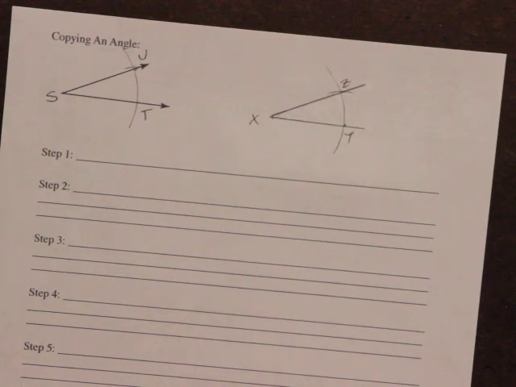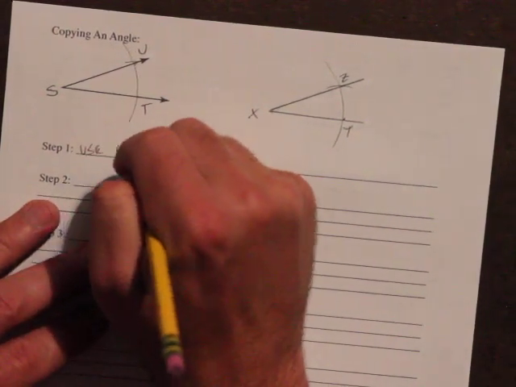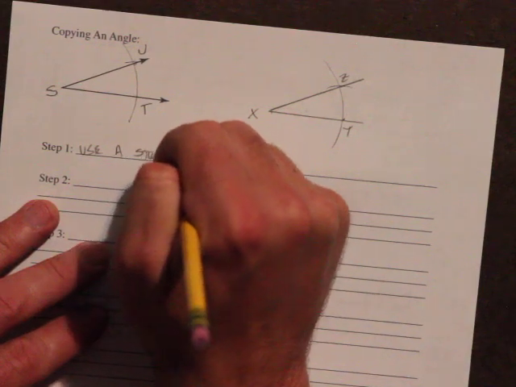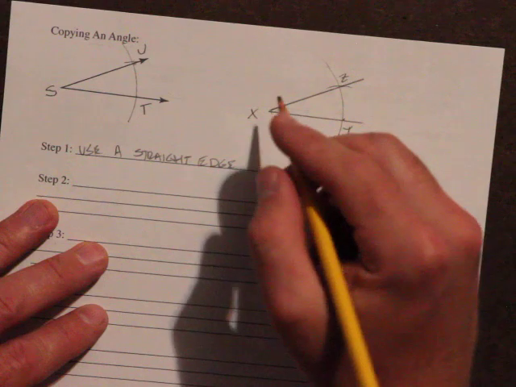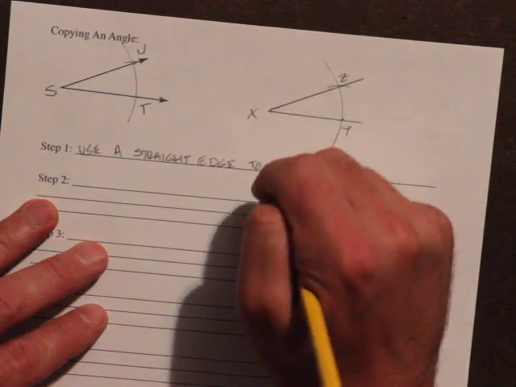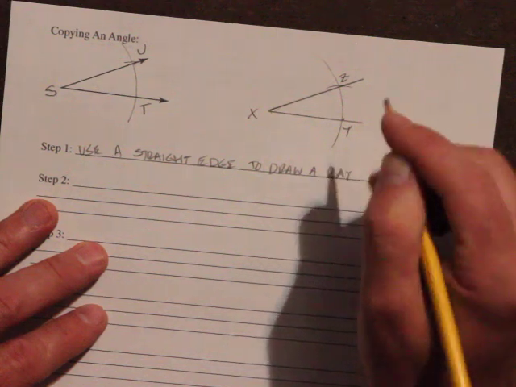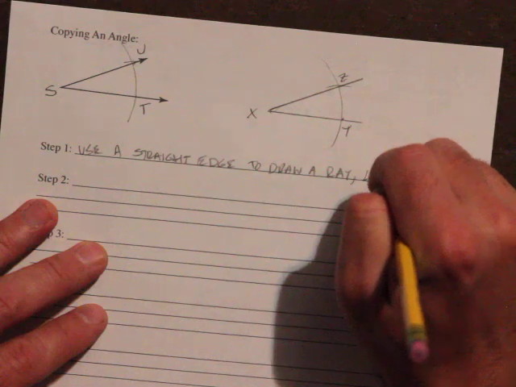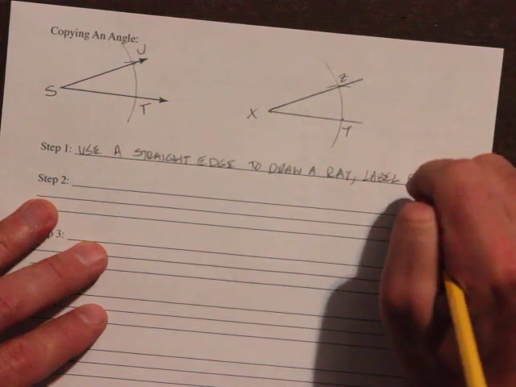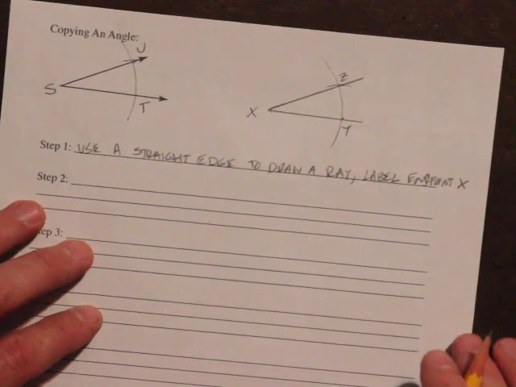So, step one, what we just did up here is we used a straight edge to draw a ray. Label endpoint X. Alright.